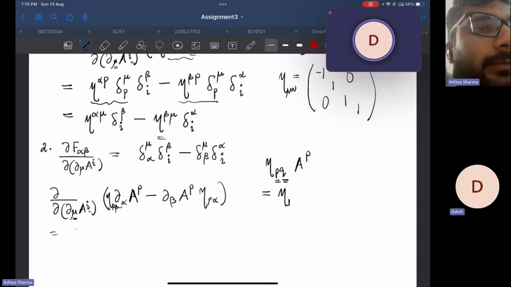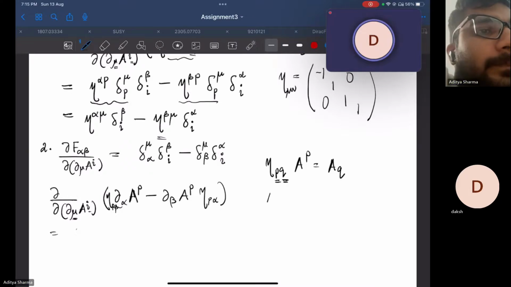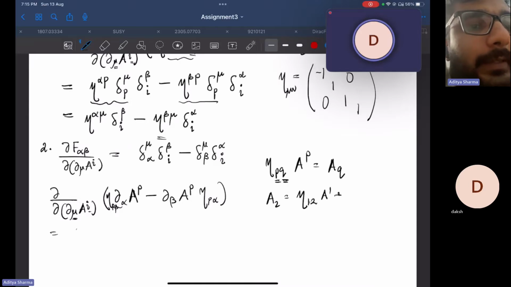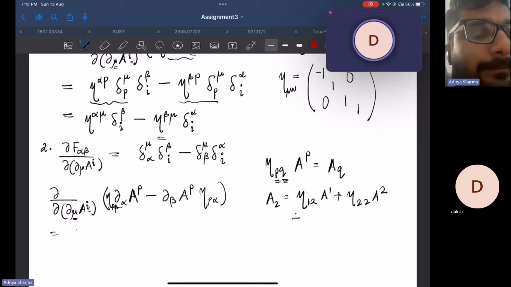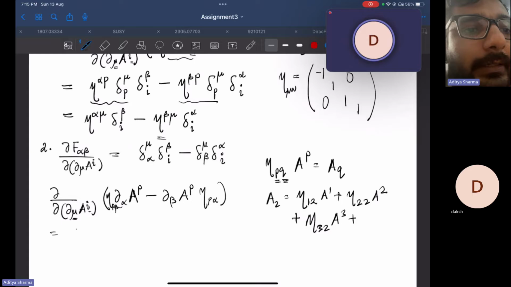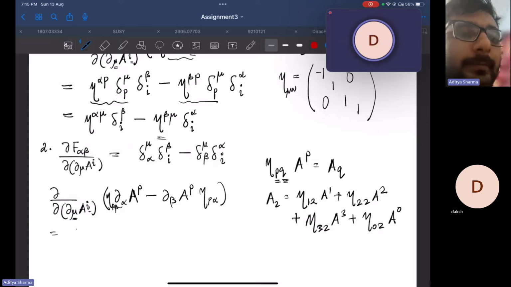So if you want a2, this means you want eta 1 to a1 plus eta 2 to a2 plus eta 3 to a3 plus eta 0 to a0.